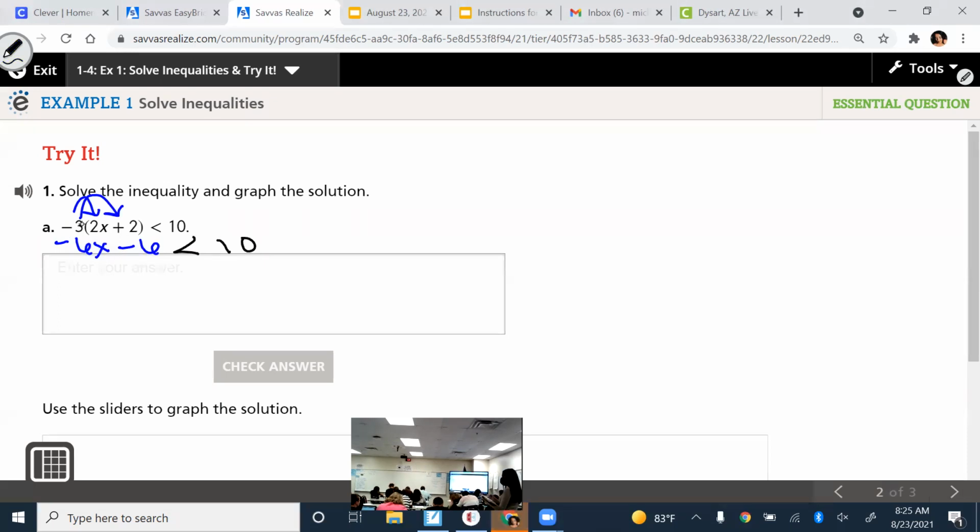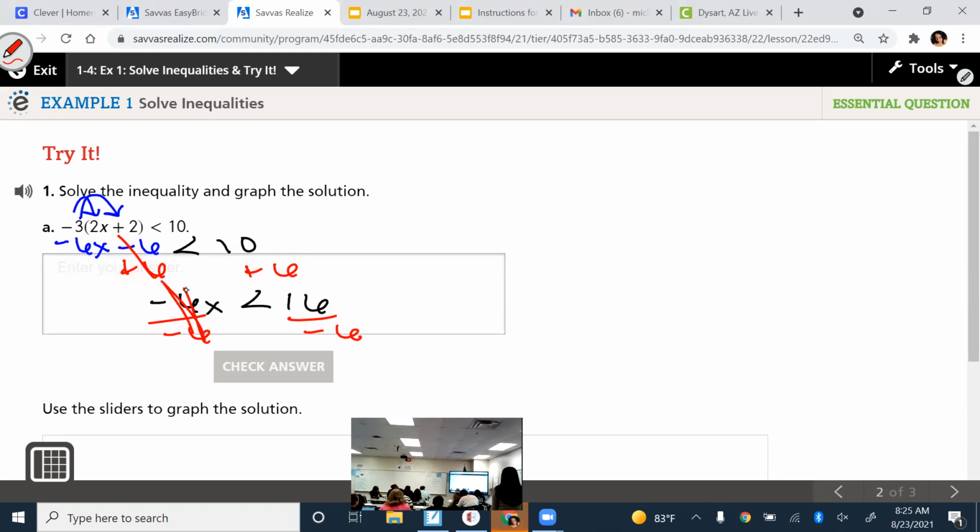What's the next step for solving? Good. So add 6 to each side. It cancels out the 6s over here. We have negative 6x. Do I need to flip the sign? No. All right, no. 10 plus 6, which is, all right, one more thing I have to do, which is, do I have to flip the sign?